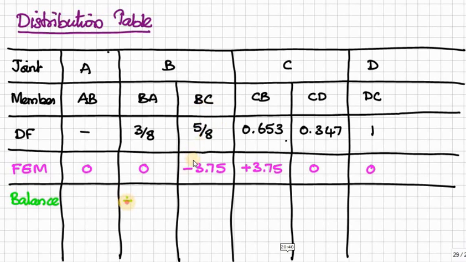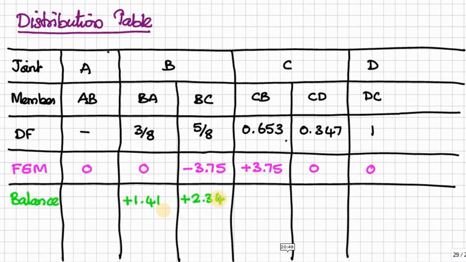Therefore, plus 3.75 into 3 by 8 amount of moment will be distributed to BA. Plus 3.75 into 5 by 8 moment will be distributed to BC. So, which is equal to plus 1.41 and here plus 2.34.